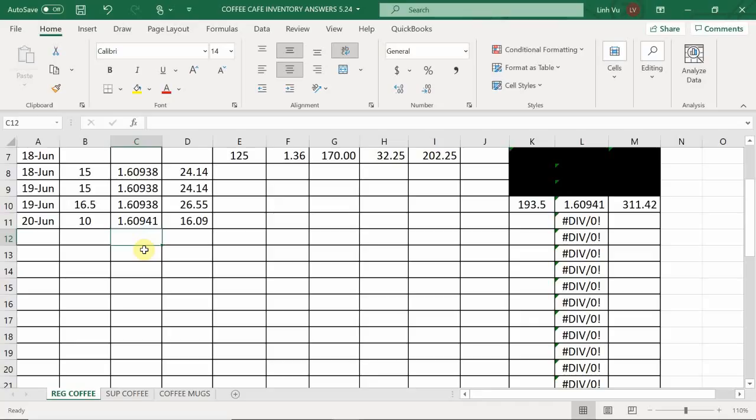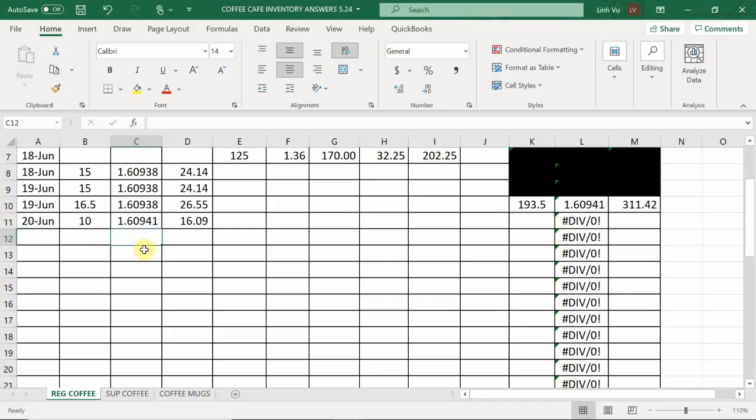Okay, good. Now that you figured out that because you sold 10 and it cost you $1.60941, that means that at the end of the day, I sold a total of $16.09.